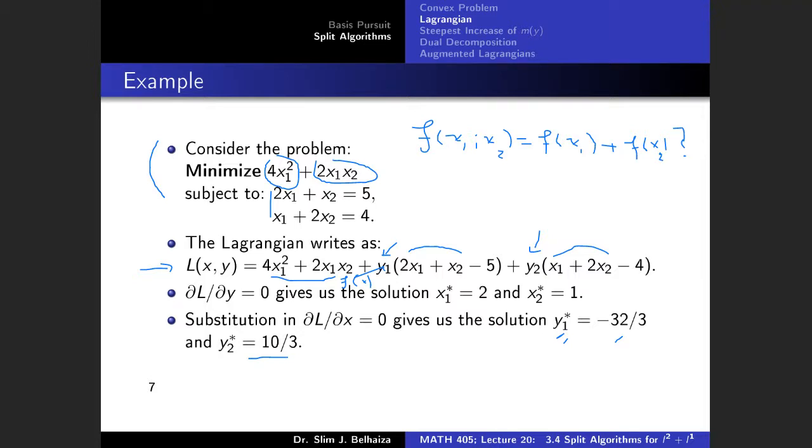No, it's not related to the fact that it's a minimization. Because you see there is a product here, 2x1 x2, you cannot separate it as a sum of two functions. Thank you, Khalid. So this is not a function you can write as a sum of two separate functions of one single variable, x1 or x2.